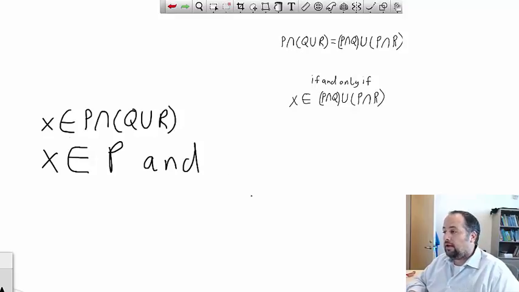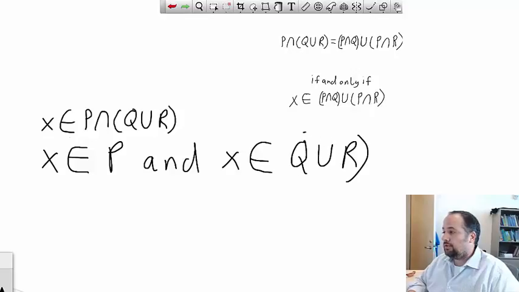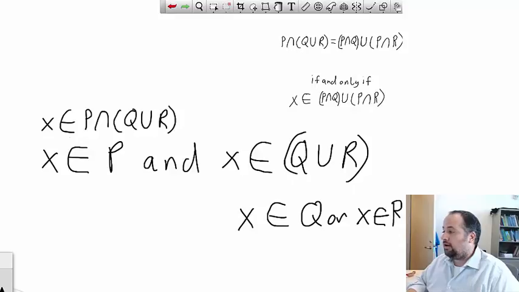And X is a member of Q unioned with R, right? What does X is a member of Q union with R mean? It means that X is a member of Q, or X is a member of R, right?